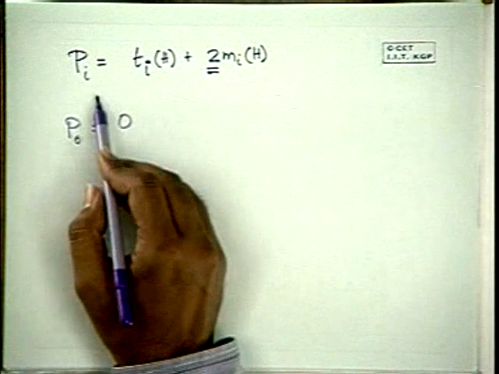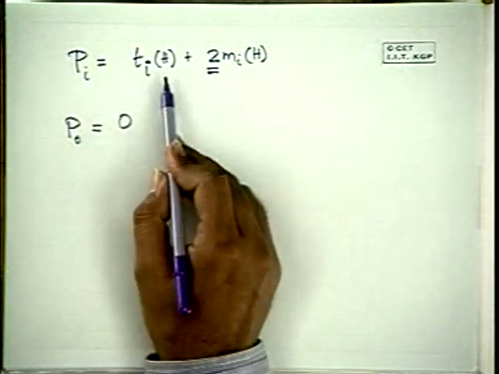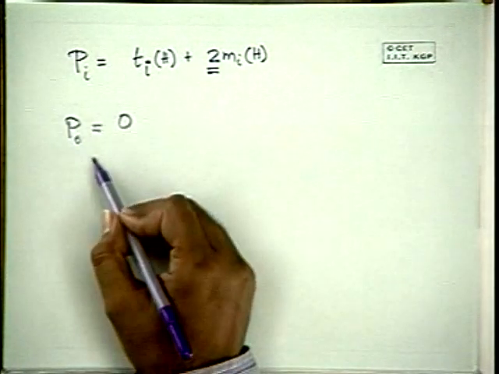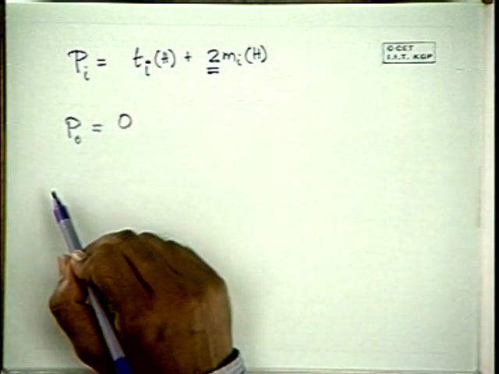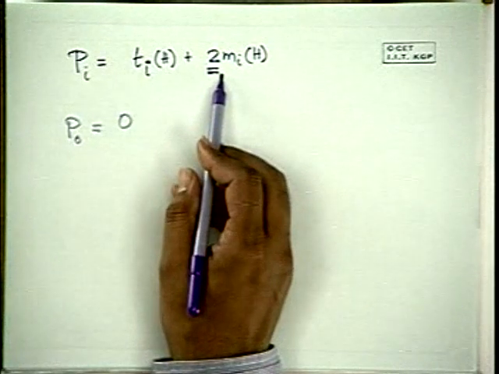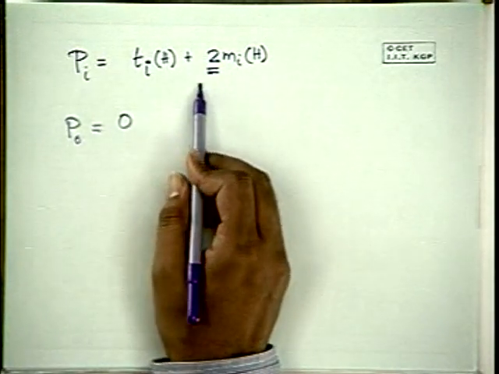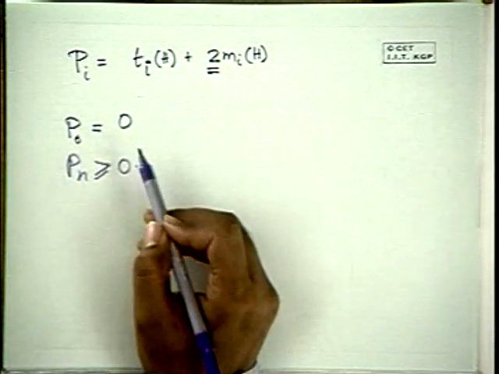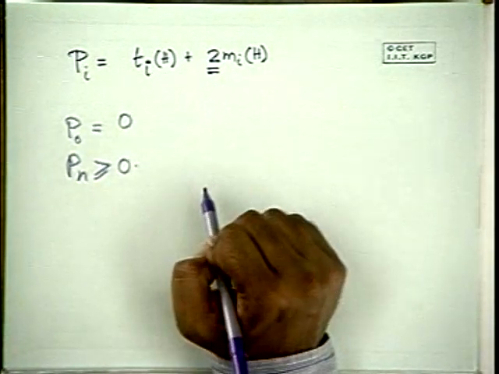Now as we have defined Pi is equal to Ti of H plus 2 Mi of H, definitely Pn is going to be a positive quantity. There is nothing negative here. So Pn must be greater than or equal to 0. So these two conditions are satisfied. So if we do the amortized analysis, take the sum of all the amortized costs, it gives an upper bound on the actual cost.